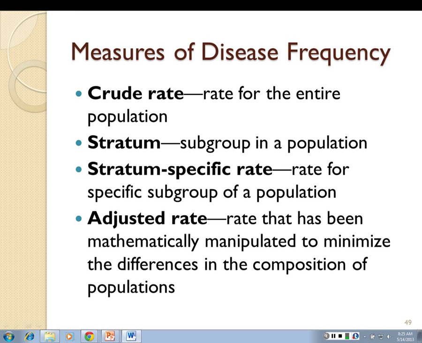The stratum-specific rate is simply calculating the rate for that particular subgroup of the population, as opposed to calculating for the total population. And an adjusted rate is a rate that has been mathematically manipulated to minimize the differences in the composition of populations. So we're essentially taking out the variability that's due to age, for example, and we're left with the rate differences that are only attributable to the risk factor that we're interested in.